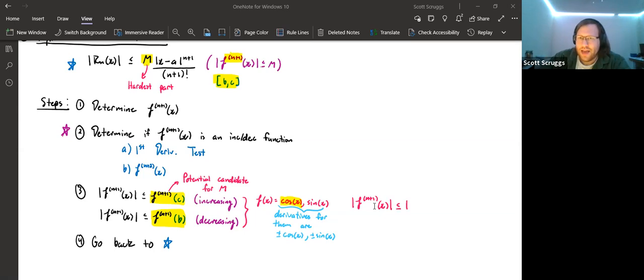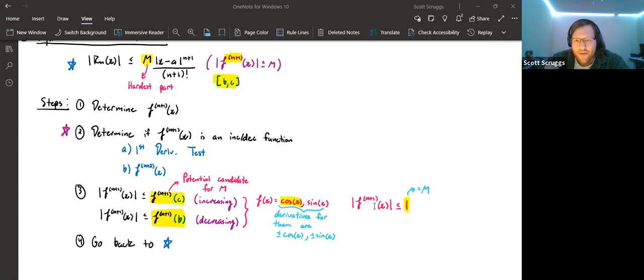And no matter what input I plug in, sine and cosine can never get larger than 1. In that case, I don't have to check increasing or decreasing. I can use that fact, set 1 to be M, and then move on.